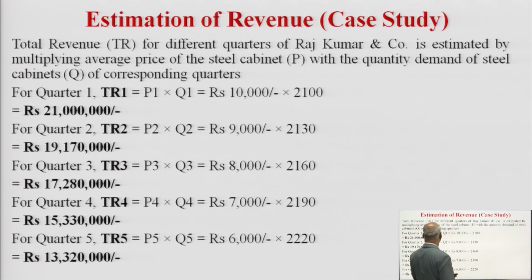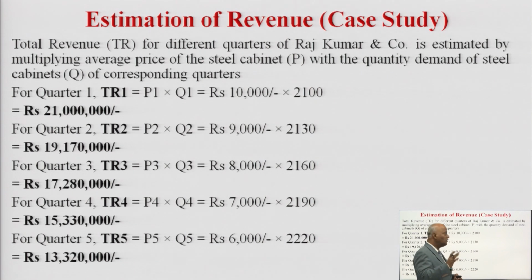Now, from this we got this figure on the basis of the given price, the demand equation and the advertisement expenditure. We have calculated that when the price is reduced, the quantity demanded will increase, and in different price ranges we have computed the quantity demanded figure.